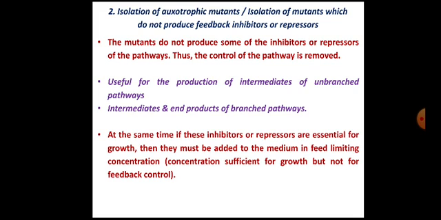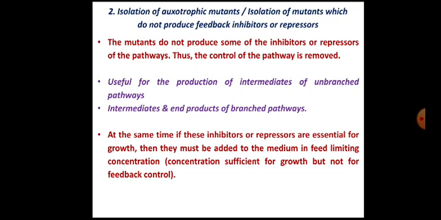At the same time, if these inhibitors or repressors are essential for the growth, as we are talking about primary metabolites, this means that if the organisms are not producing repressors or inhibitors, which are primary metabolites, they are required for the growth.